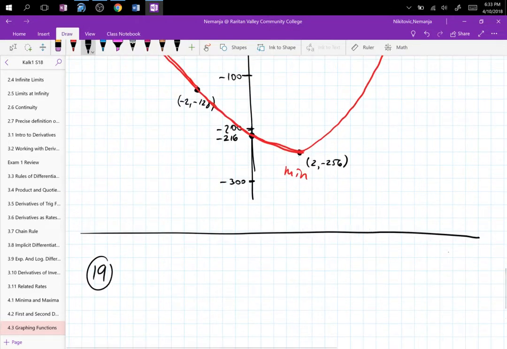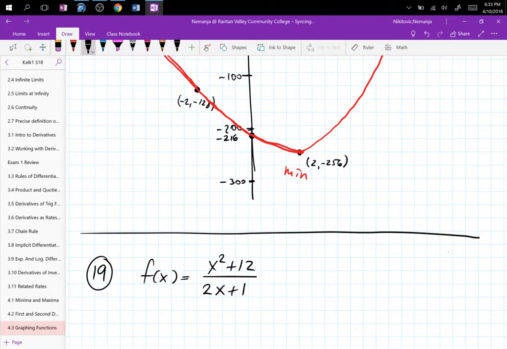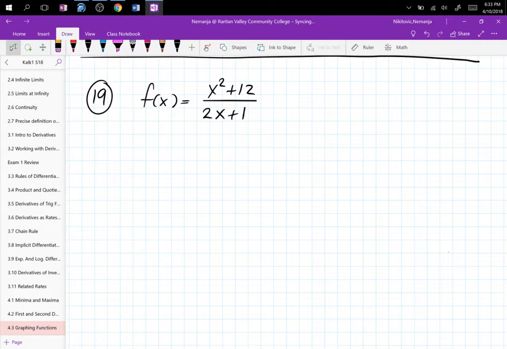This is going to be a rational function. So we have f of x equals x squared plus 12 divided by 2x plus 1. It's a rational function, and we go through the entire spiel of things, right? First off, we need domain.